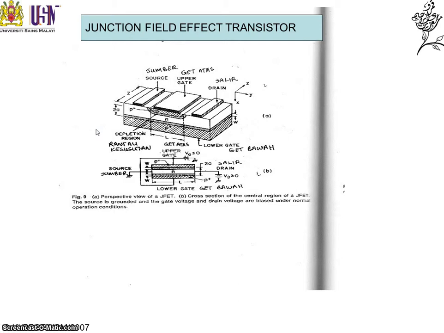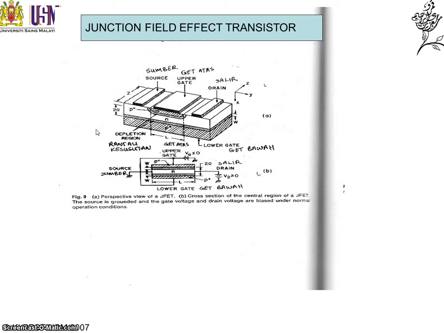So in previous sessions, we've been discussing PN junctions. We found two dominant features: the injection of minority carriers with forward bias, and the variation of the depletion width with reverse bias. These two PN junction properties are used in two types of transistors.